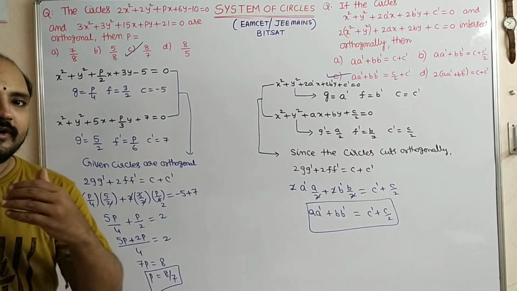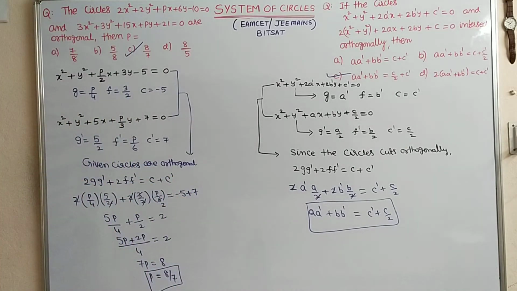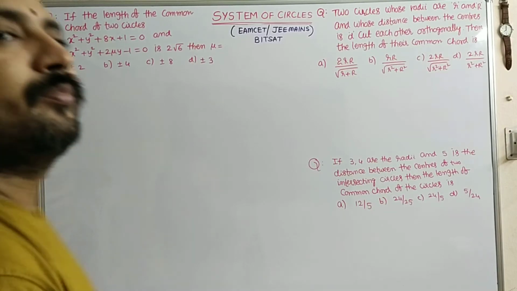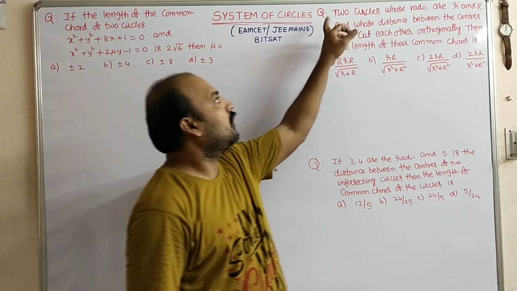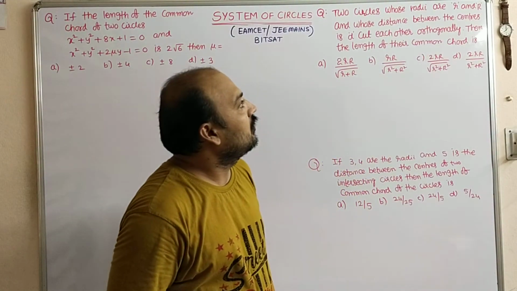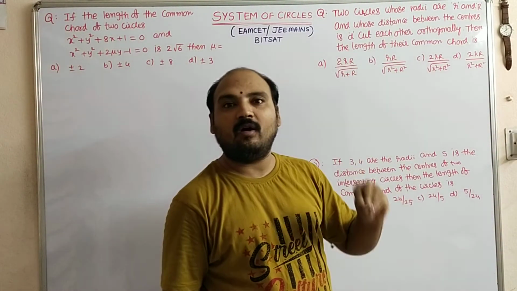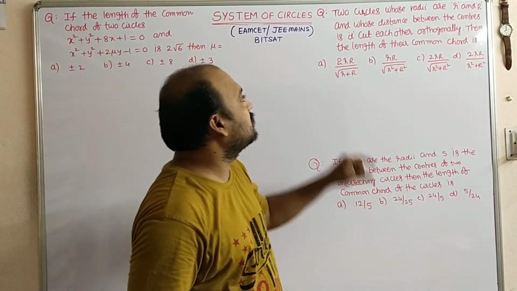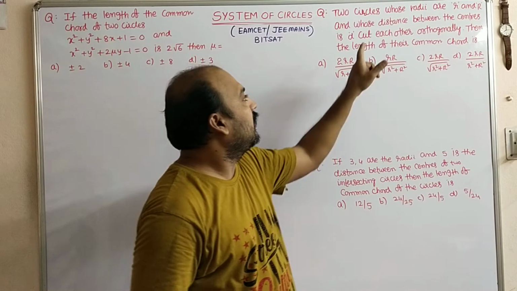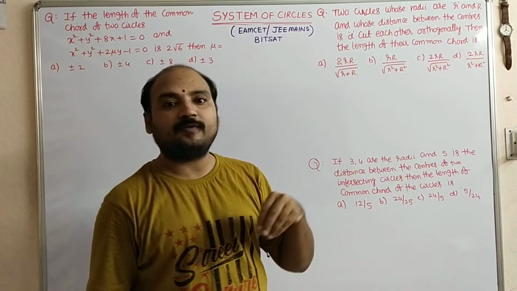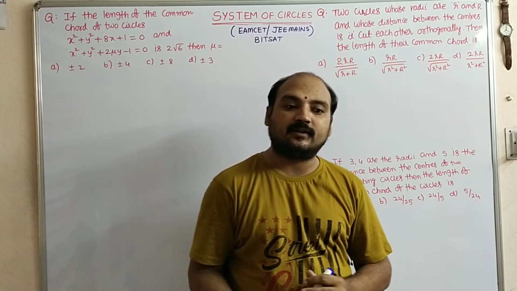We will move to the next question now. Two circles whose radii are small r and capital R and whose distance between the centers is d units cut each other orthogonally, then the length of their common chord is.